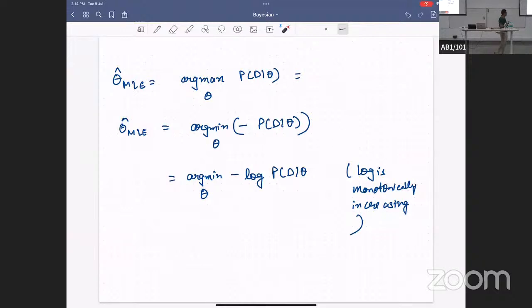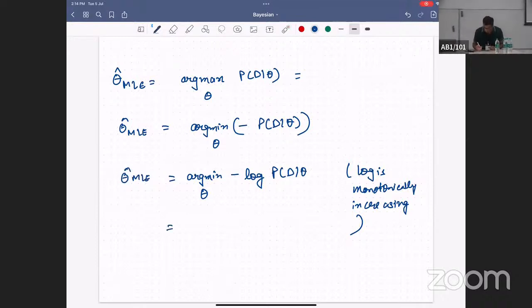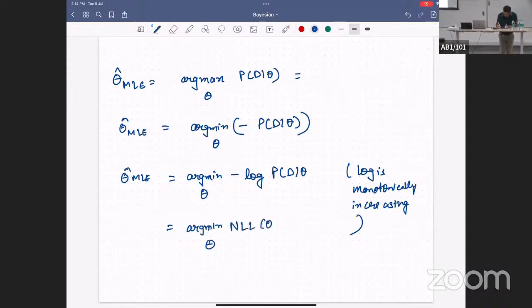Questions on this? Or in short, we can just write that theta hat is argmin over theta of negative log likelihood of theta. We generally write this as negative log likelihood, NLL of theta, right?